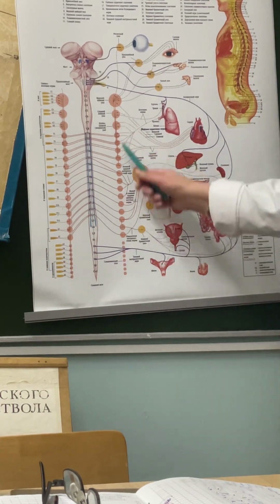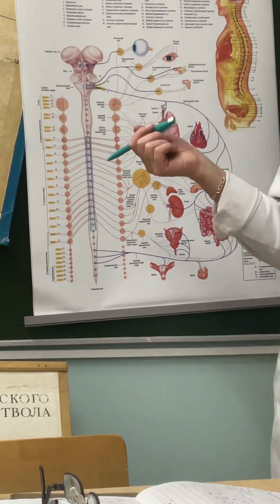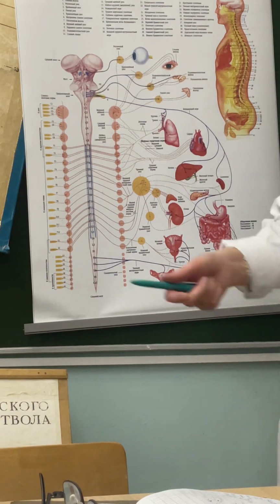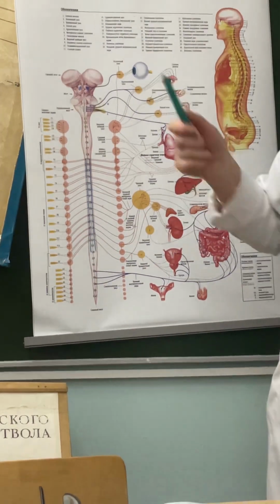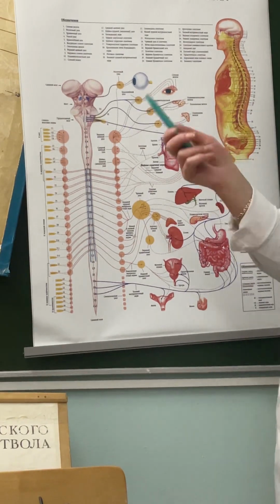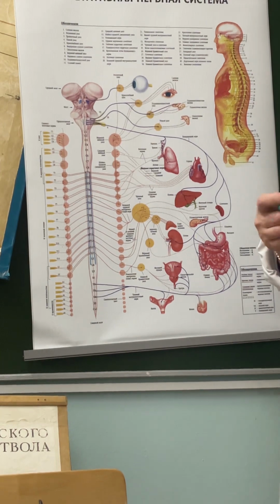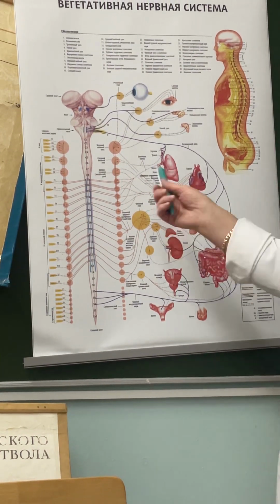Then what else? Aortic plexus, subclavian, brachial plexus around the brachial artery, common iliac, and so on, for innervation of the walls of these vessels. And they also bring some fibers to the organs.